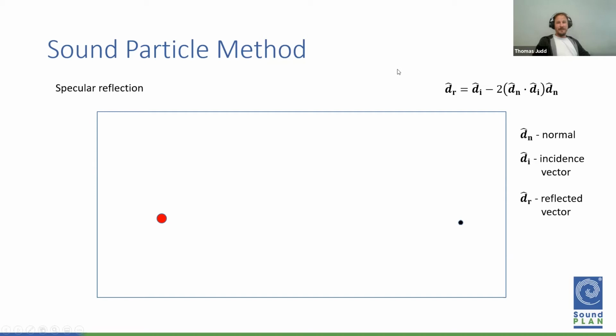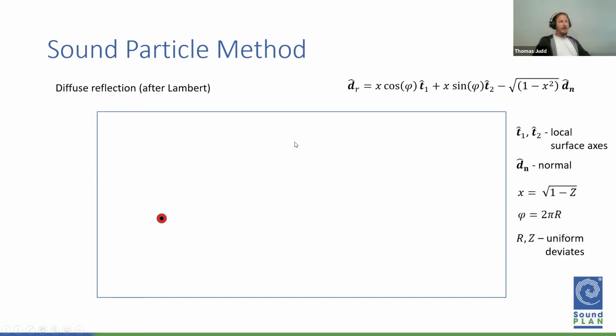However, there are a number of other things we need to consider. There is also diffuse reflection, and actually this is of great importance, as we will see later. This is a kind of reflection where the ball hits the wall but comes back at an unusual angle, possibly due to some sort of roughness on the surface, and diffuse effects are all around in acoustics, of course, and we need to make sure that we're covering them properly.